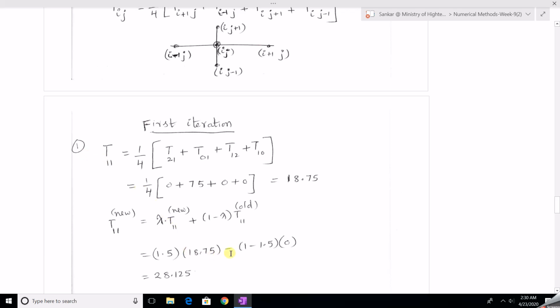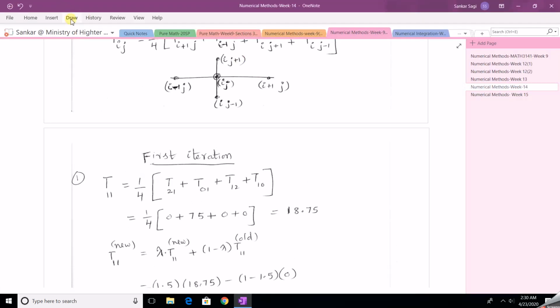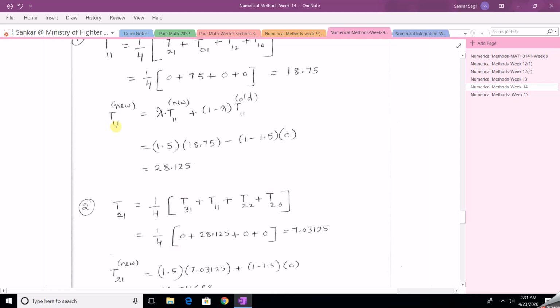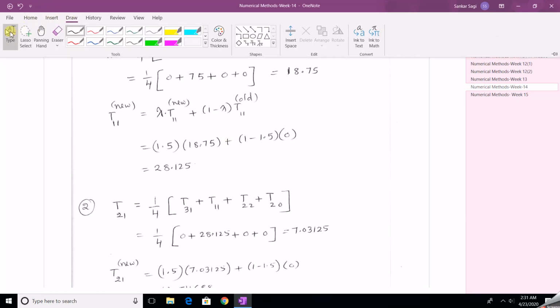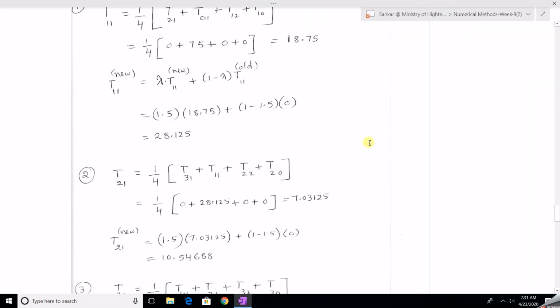So we keep that value, plus 1 minus lambda, that is 1 minus 1.5, times T11 old.